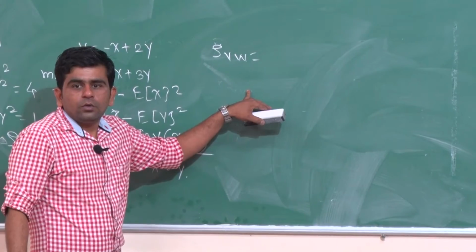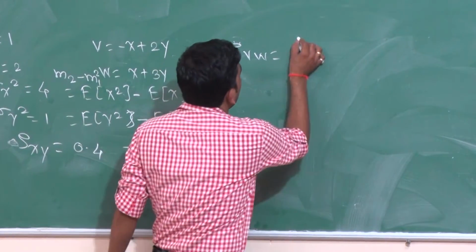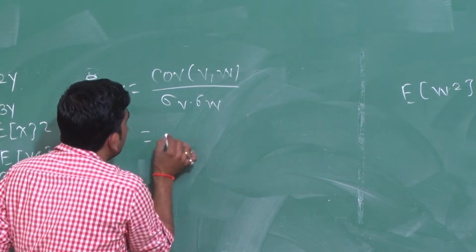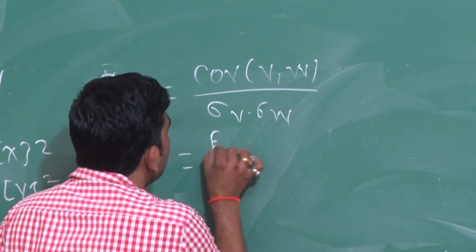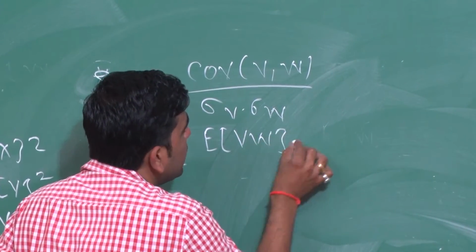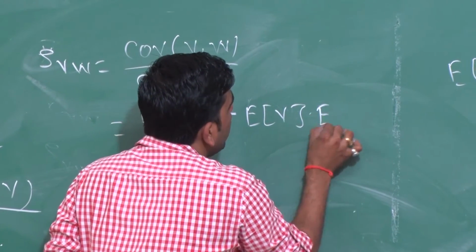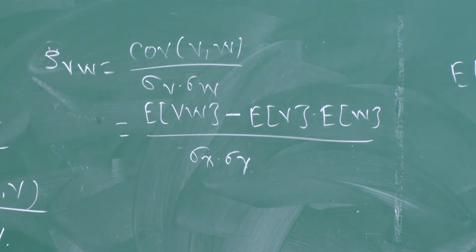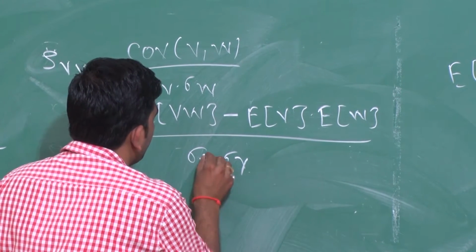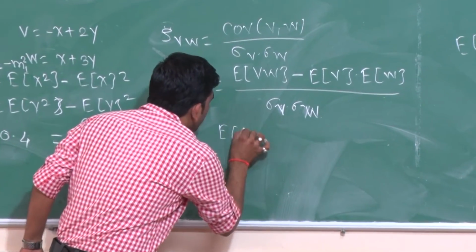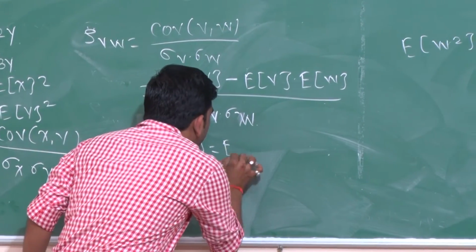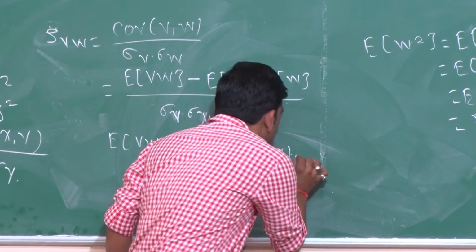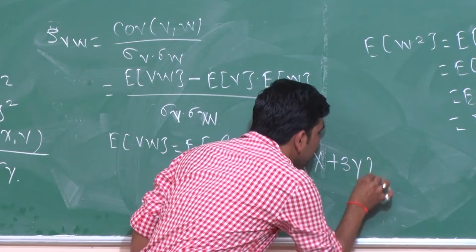Correlation coefficient for these random variables V and W is given as covariance of V comma W divided by sigma V into sigma W. Here covariance for V and W is given as expected value of VW minus expected value of V into expected value of W, divided by sigma V into sigma W. Here V is minus X plus 2Y, then W is X plus 3Y.